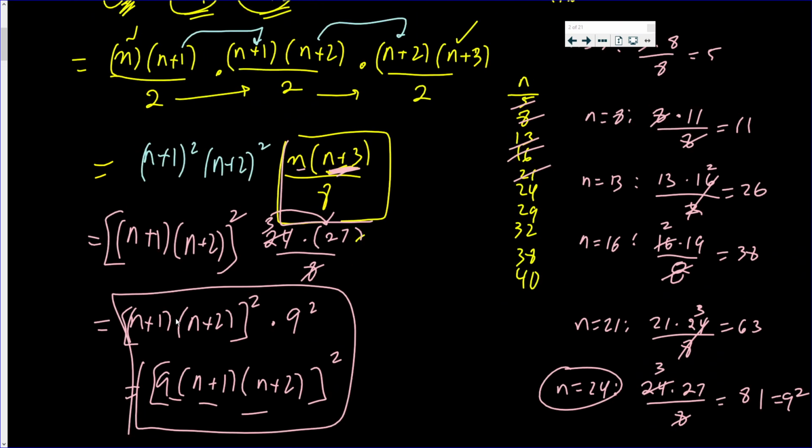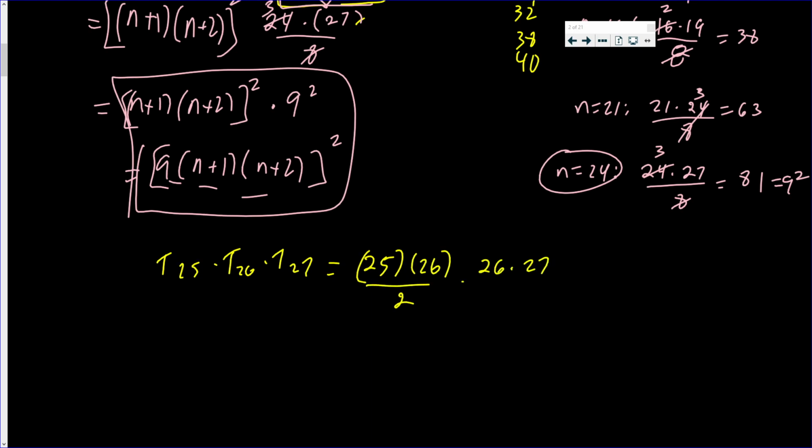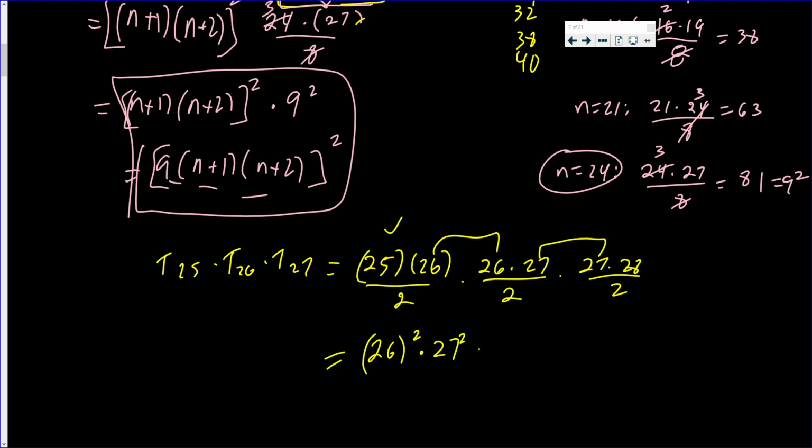If you really want to see that is true, T25 times T26 times T27, that's T25 is 25 times 1 more over 2, T26 is 26 times 27 over 2, T27 is 27 times 28 over 2. That's 26 squared. That's 27 squared times 25 times 28.